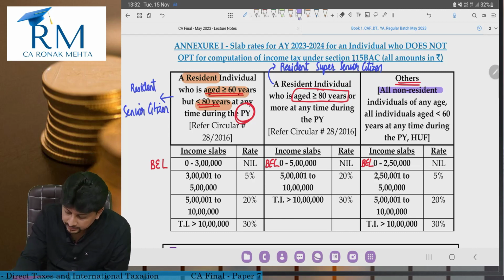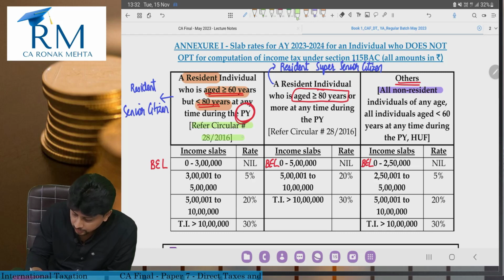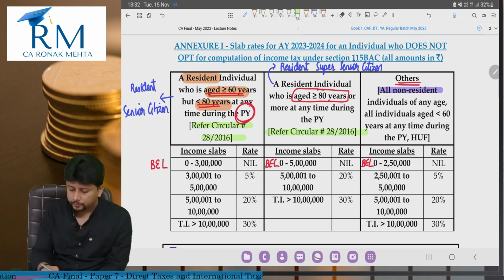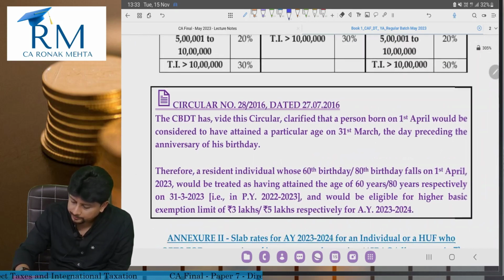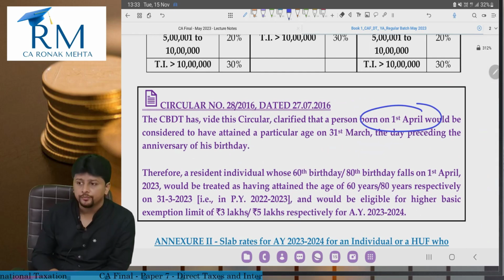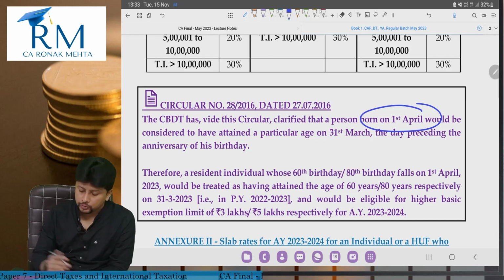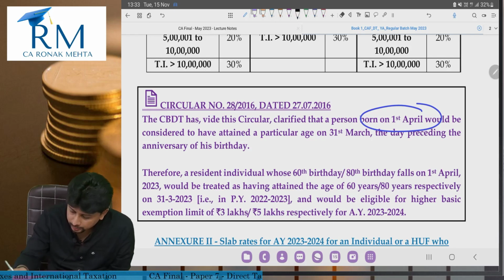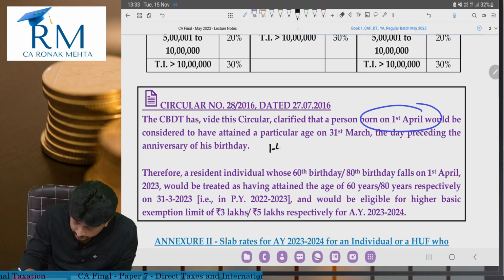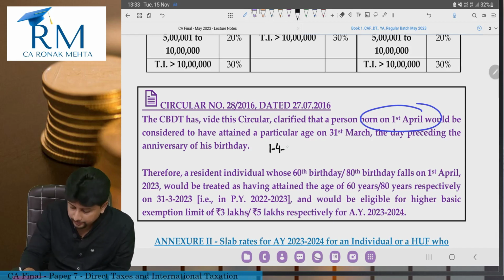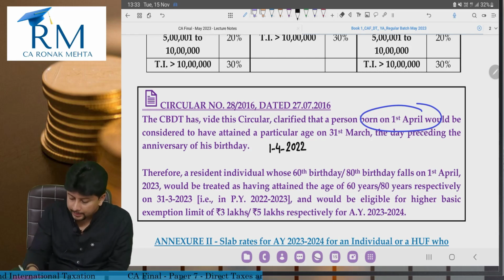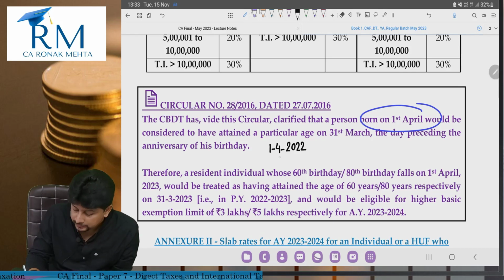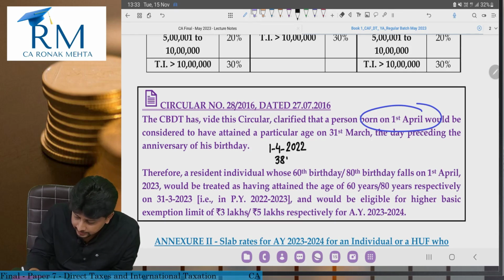Now, something very interesting. Refer circular number 28. The interesting part is something like this. What if somebody is born on 1st of April? Say, for example, 1st April 2022 is your birthday, and you have completed 38 years.